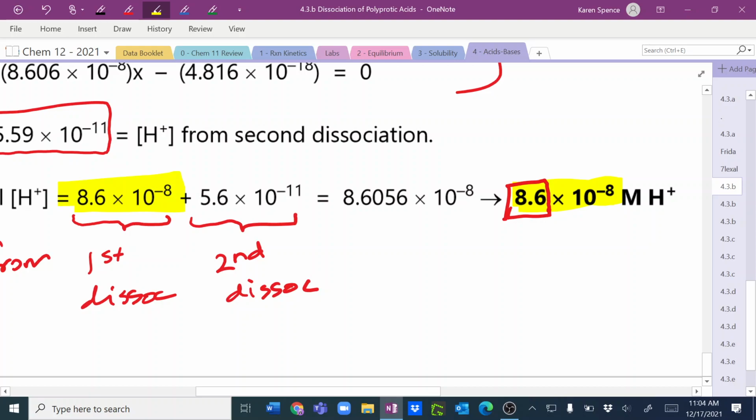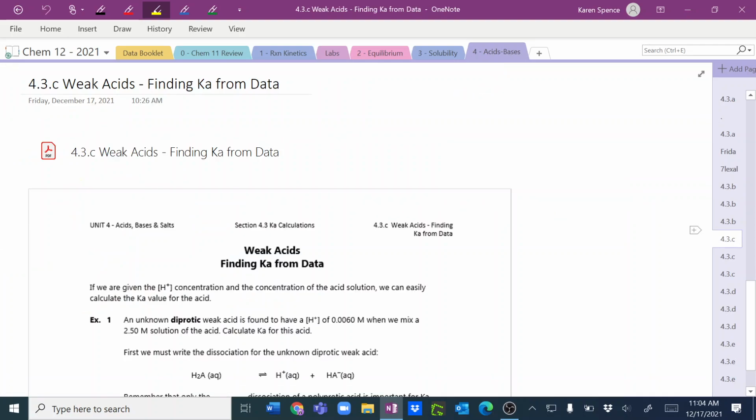So I would have done all that hideous, horrible work for absolutely no reason, okay? So when you have a diprotic or a triprotic acid, only take off one hydrogen and leave the rest alone. That will be different than what we do in titrations, but we're going to leave it there. So that's 4.3b. 4.3c.